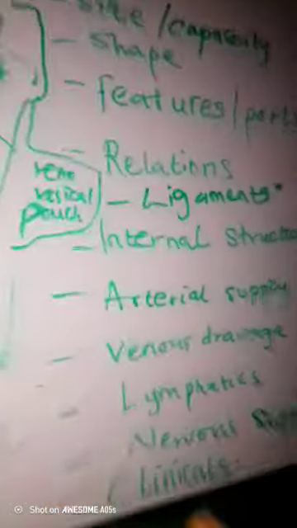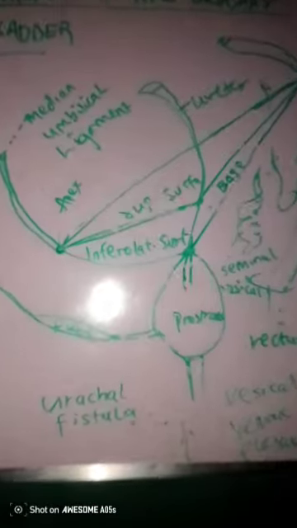So we're done with ligaments. We now go to the internal structures. When you dissect your bladder open, what do you see? You see muscular folds called rugae. A lot of muscular folds, but significantly there is a part of the bladder where you don't find these muscular folds, which is called the trigone of the bladder. This is very important.